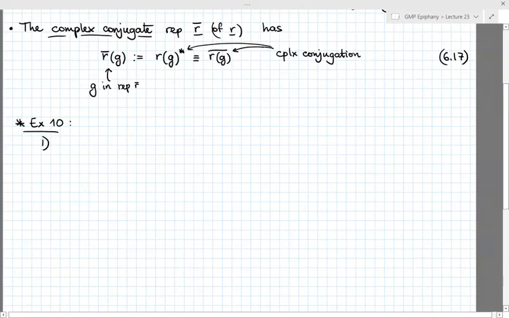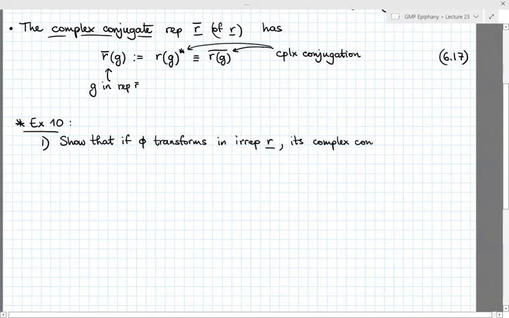In part 1, I want you to show that if phi transforms in an irreducible representation R, its complex conjugate phi star or phi bar transforms in the conjugate irreducible representation R bar. This is very simple. You just need to use 6.17.